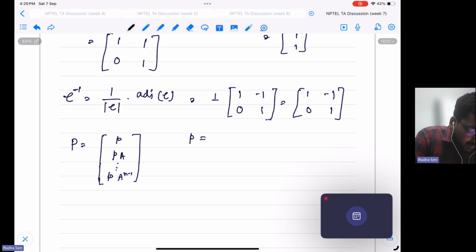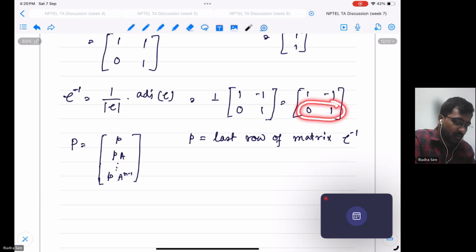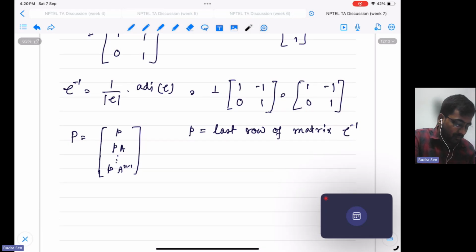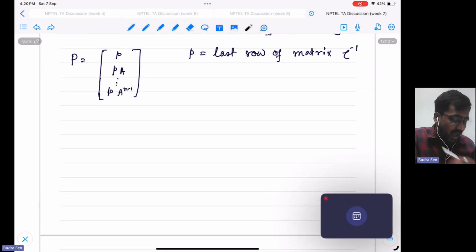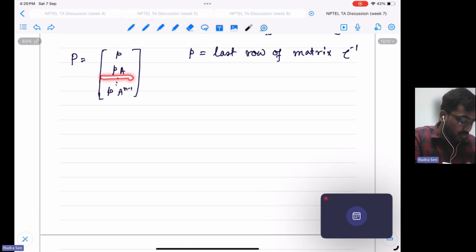P is the last row of matrix C inverse. So the last row of the matrix C inverse is this. I'm calling this P, and I have to find this up to that. Since we have a 2 cross 2 system, a second order system, we will stop up to this point.